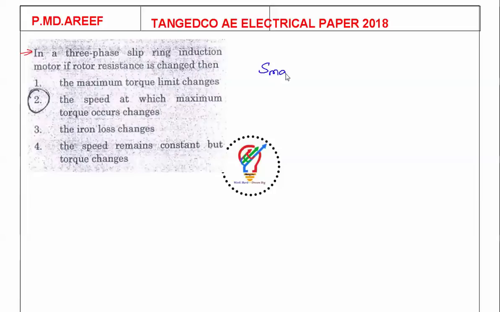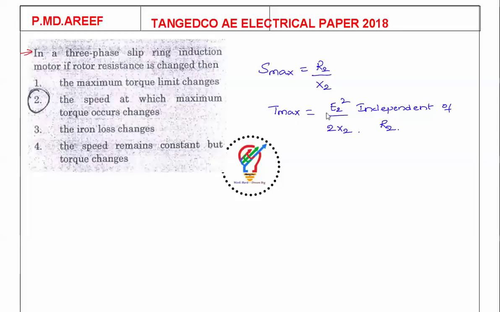So S max is equal to rotor resistance R2 divided by rotor reactance X2 here, and we know that the maximum torque depends upon voltage, the rotor EMF divided by the rotor reactance here, and it is independent of rotor resistance R2.